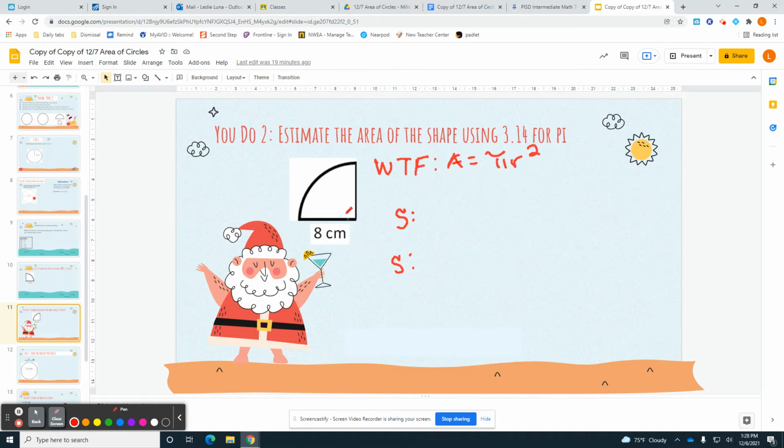And this is what part of a circle? Quarter circle. So that means what? If you said divide by 4, you are correct. So you're going to substitute and you're going to have to divide by 4 at the end.